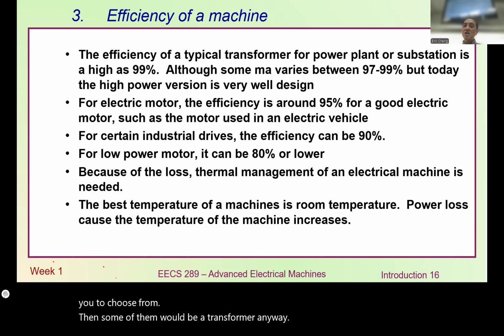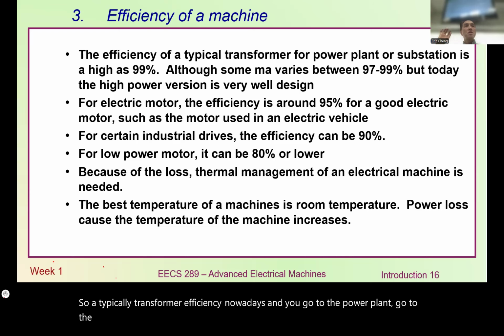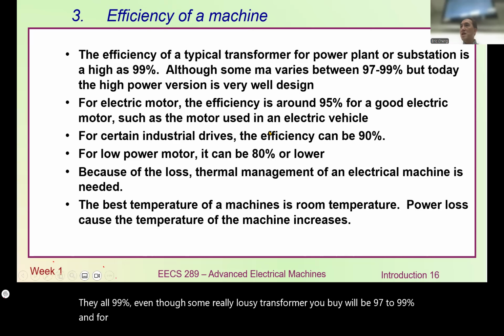Typically, transformer efficiency nowadays, in the power plant, the substation, or the transformers we use in the adapter and charging systems, is 99%. Even some really lousy transformers you buy will be 97 to 99%. For a motor, a good motor is usually 95%.